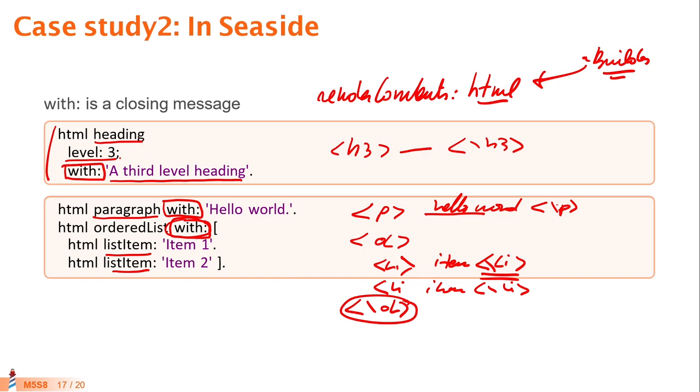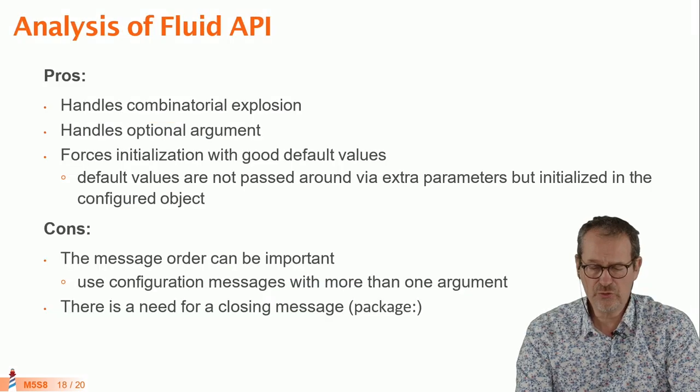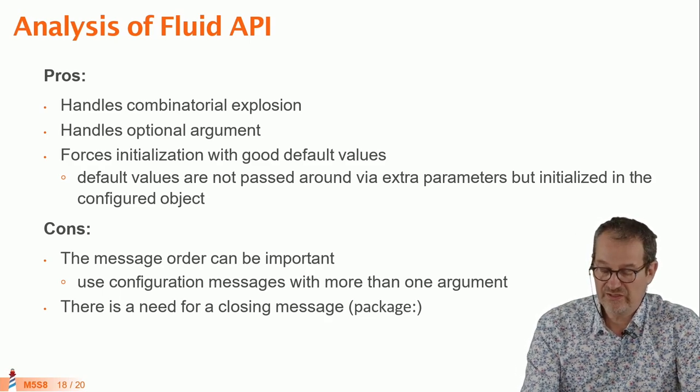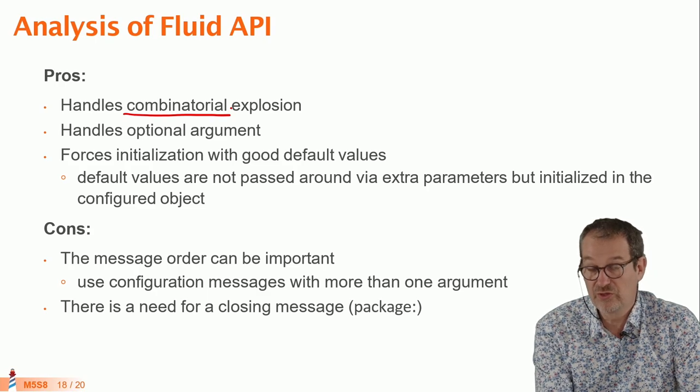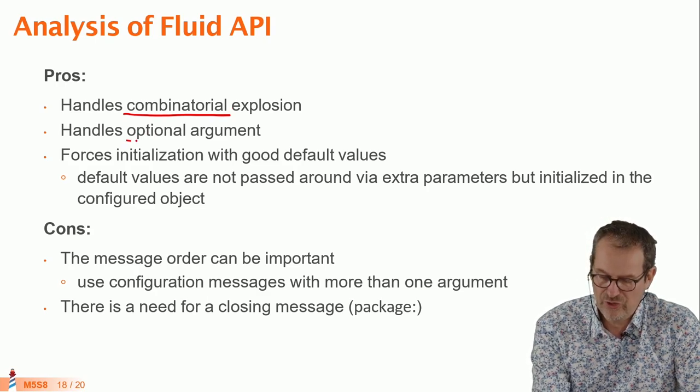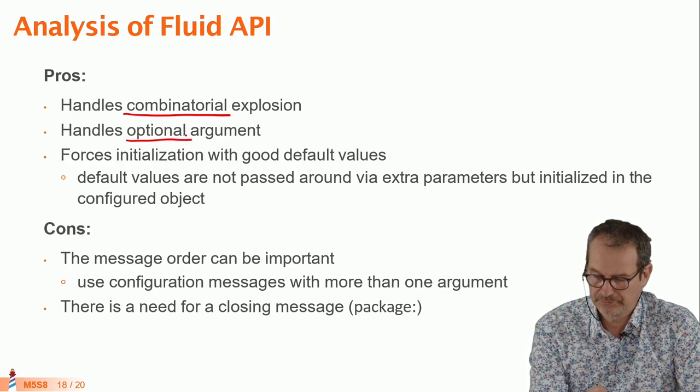This is how we can offer an API where we can compose messages without having extra arguments and too many arguments. So what you see is that Fluid APIs are nice because they handle the combinatorial explosion. There is no combinatorial explosion. They handle optional arguments.